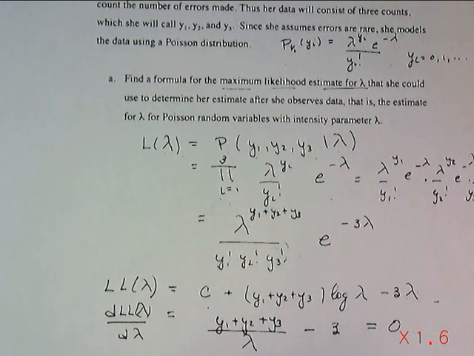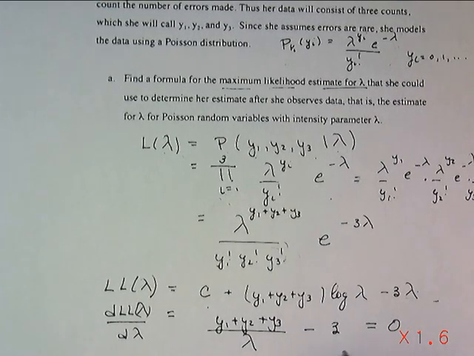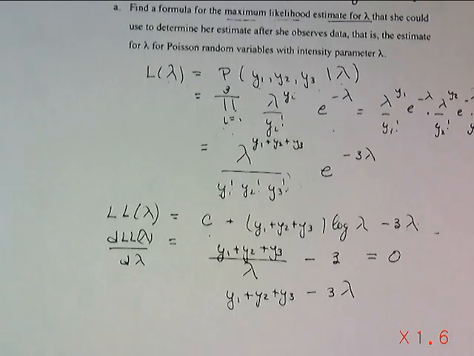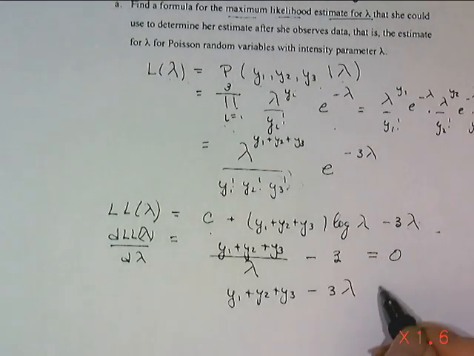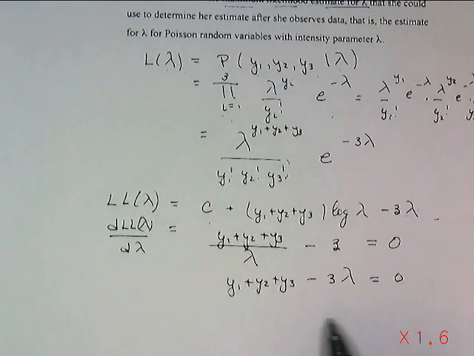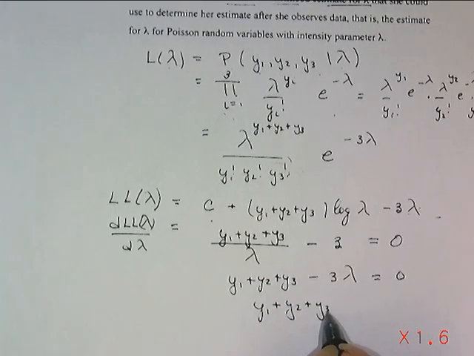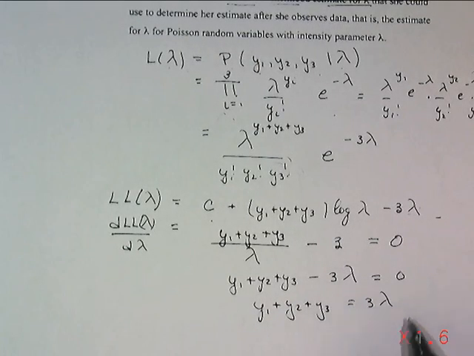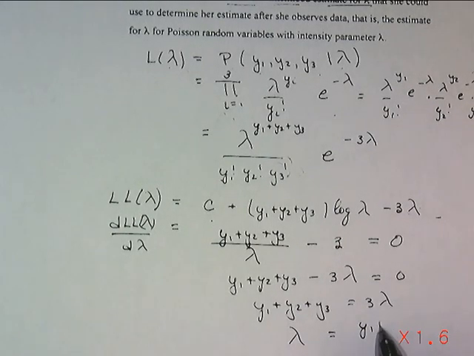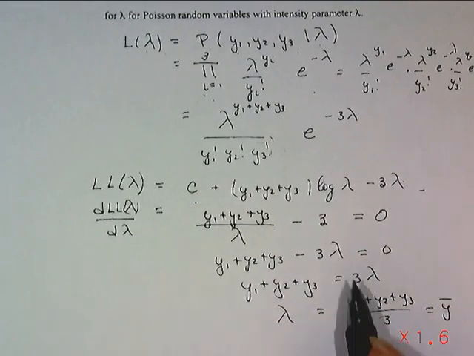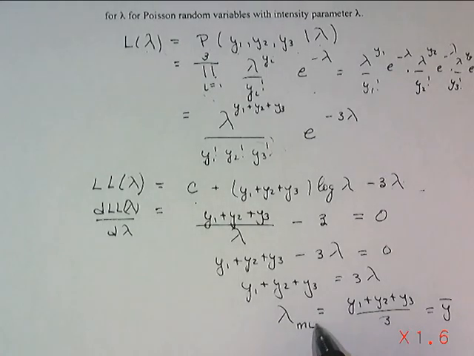I'm going to multiply through by lambda. Add 3 lambda to both sides. Divide by 3. And I'll get y1 plus y2 plus y3 divided by 3, which is what we call the mean.